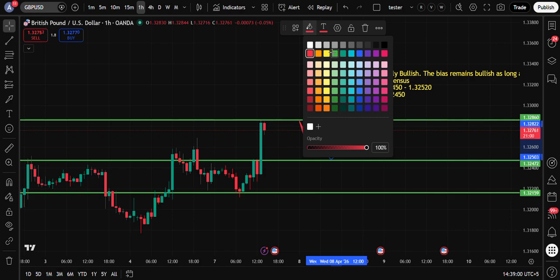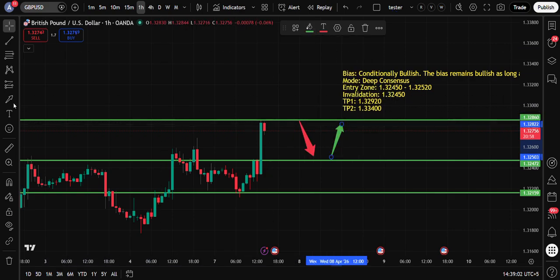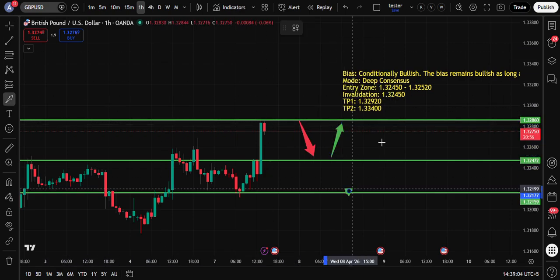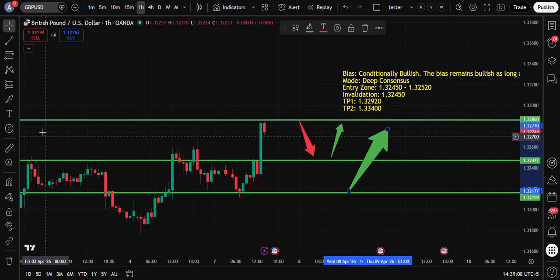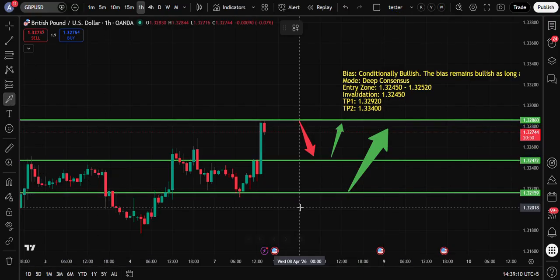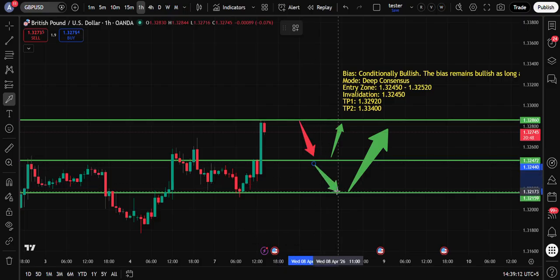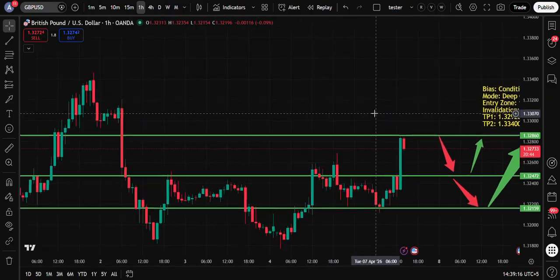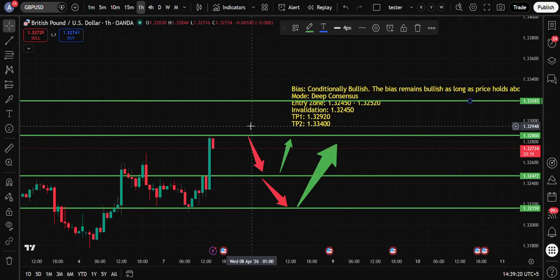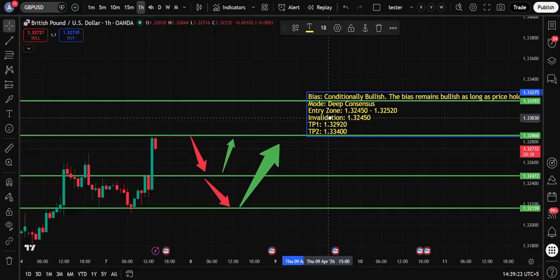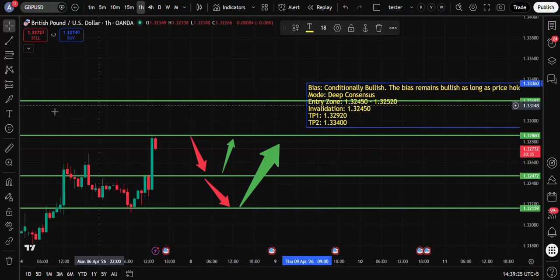My first bullish target would be 1.32860, and we could go lower if we break below 1.32472, but we would still be bullish. My second target would be 1.33193.